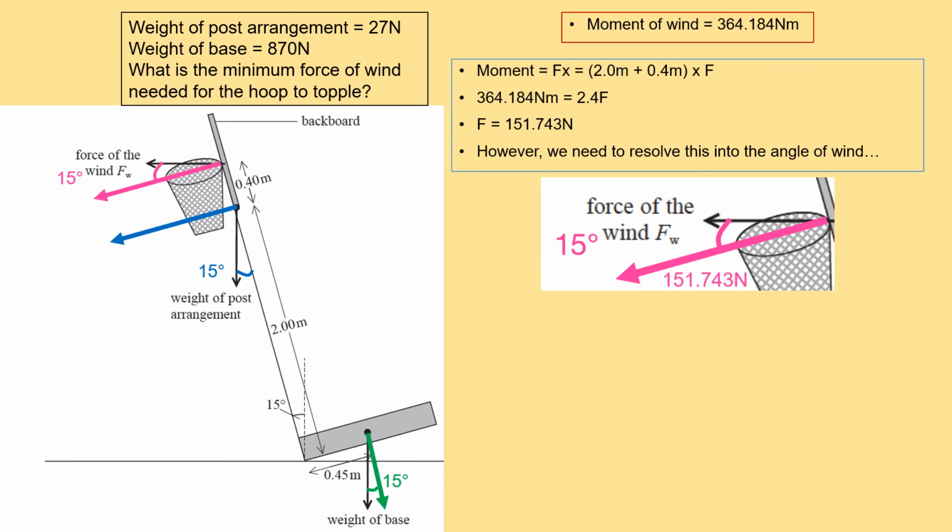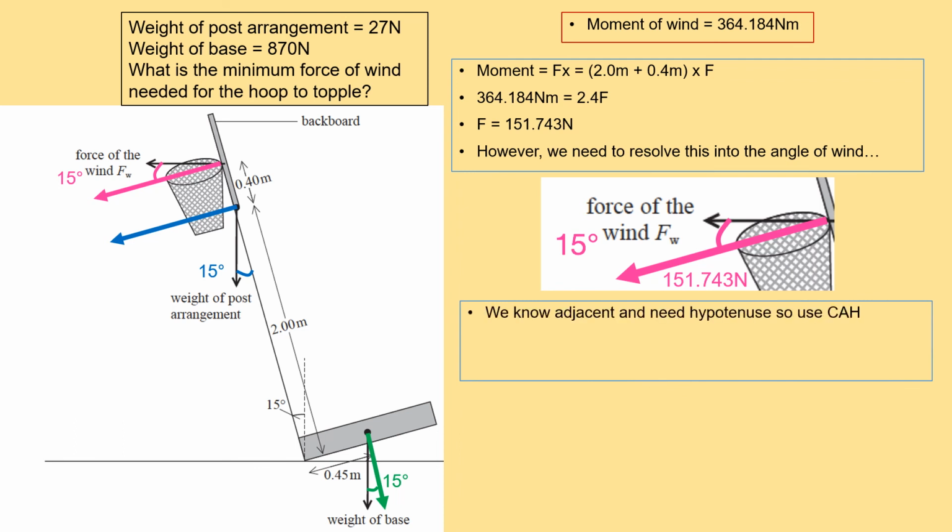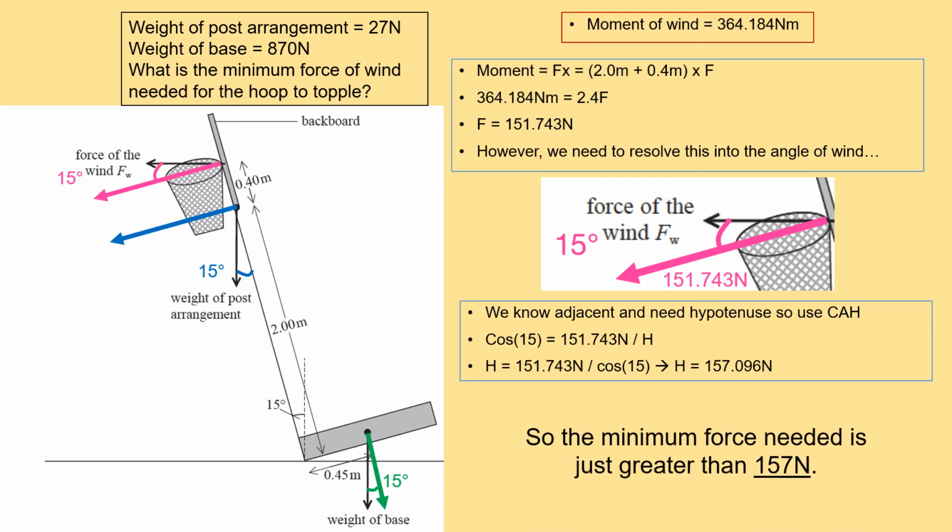Let's work out this angle. We know the adjacent. We're now looking for the hypotenuse. So again, we're going to use cos. So the hypotenuse is going to be 151.743 newtons divided by cos 15, and that's going to give 157.096 newtons.